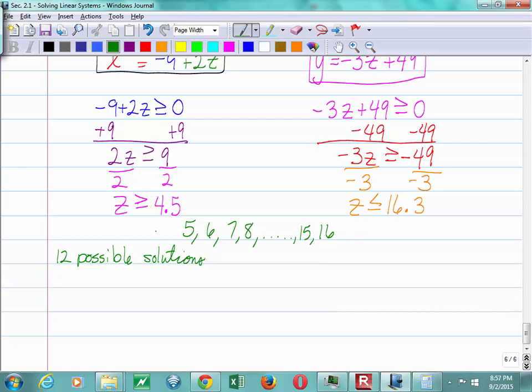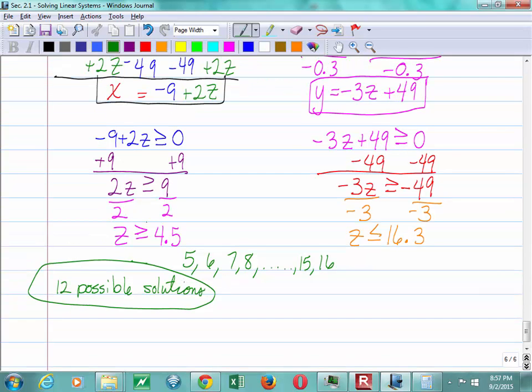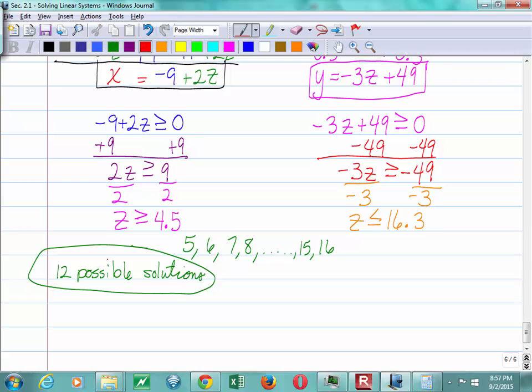Alright, now it said to find the solution with the smallest possible number of spoons. So the smallest possible number of spoons is 5. Okay, so if there are 5 spoons, we can plug that in for z.